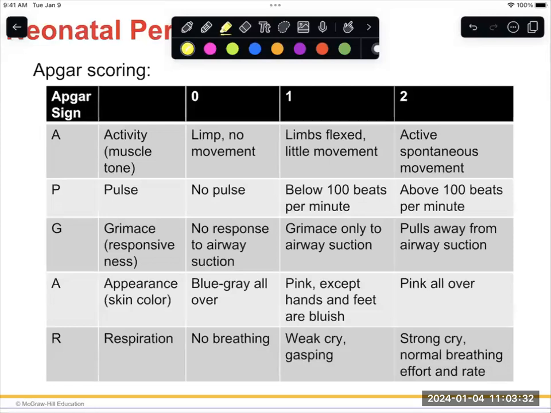A score of 7 or above is normal. A score below 7 indicates the need for special immediate care, including oxygen and airway suction. The APGAR score, named after Virginia Apgar, who created it, does not predict long-term health or intellectual status. It only lets the doctors and nurses know immediate care that may be needed.